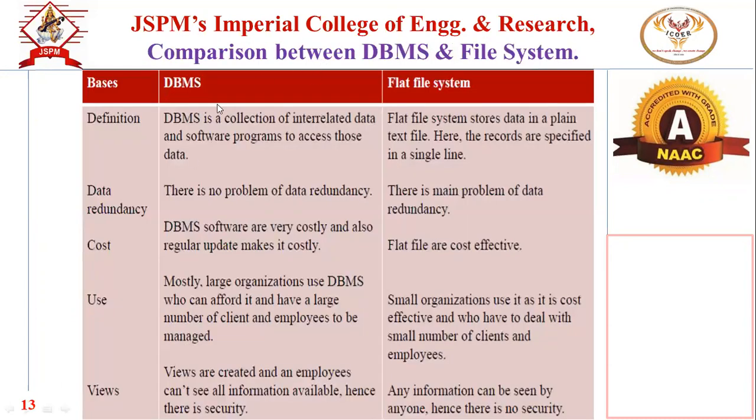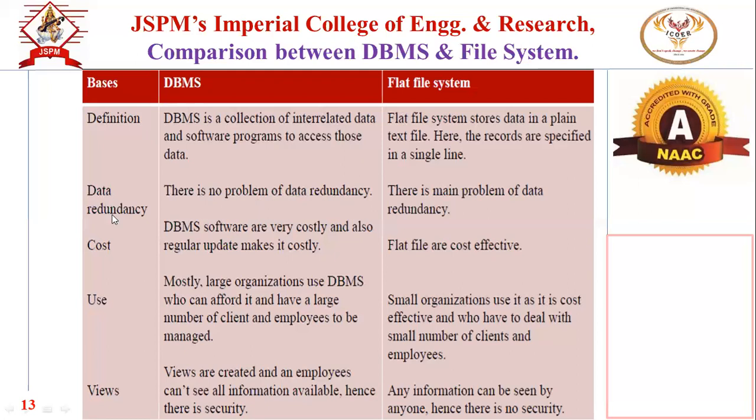So see here, this is a comparison between DBMS and flat file system. This comparison is based on a number of parameters. Like the definition: DBMS is a collection of interrelated data and software programs to access those data, whereas a flat file system stores data in a plain text file. Here the records are specified in a single line.